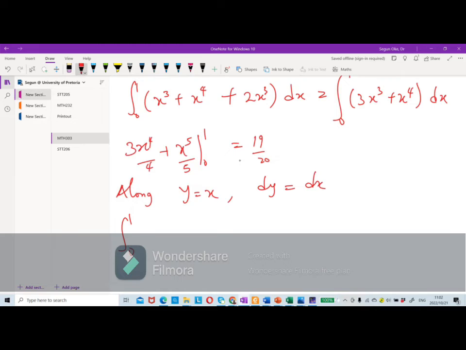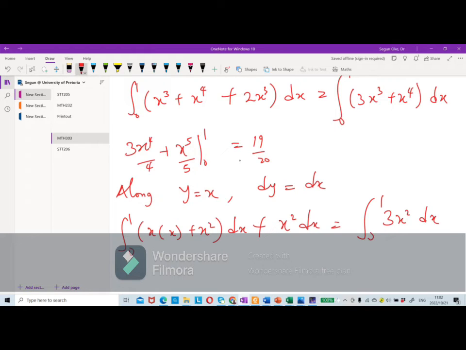Then when you substitute this into your equation again, you have x into x plus x squared dx, which is the same thing as the integral from 0 to 1 of 3x squared dx.